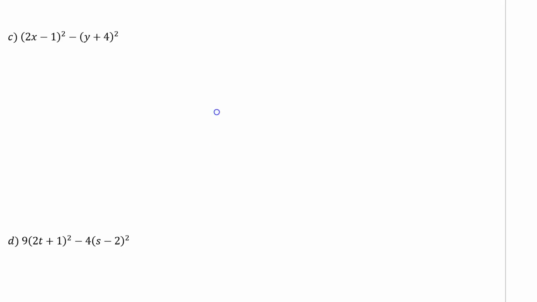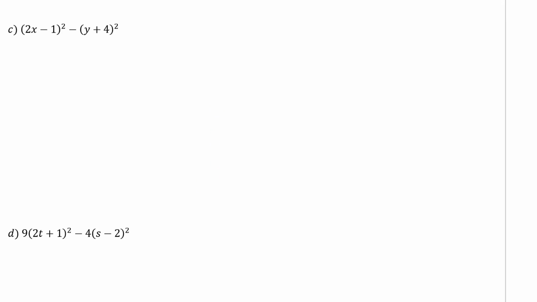What about this one here? So before, we were letting a polynomial expression or a binomial equal some single letter. Well, what happens if we did this twice? What happens if we let a equal 2x minus 1 and we let b equal y plus 4?